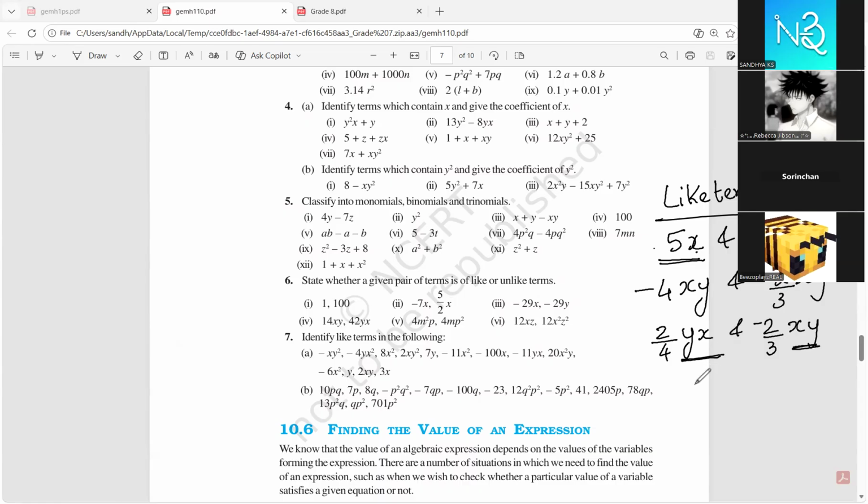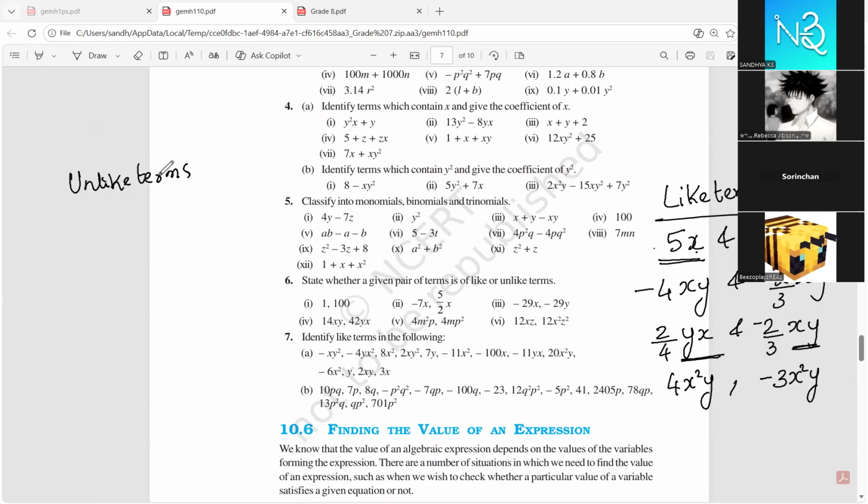Then we have 4x squared y and minus 3x squared y. They are like terms because both of them have the variable x squared y. How to identify like terms is very important. Now, what can be unlike terms?